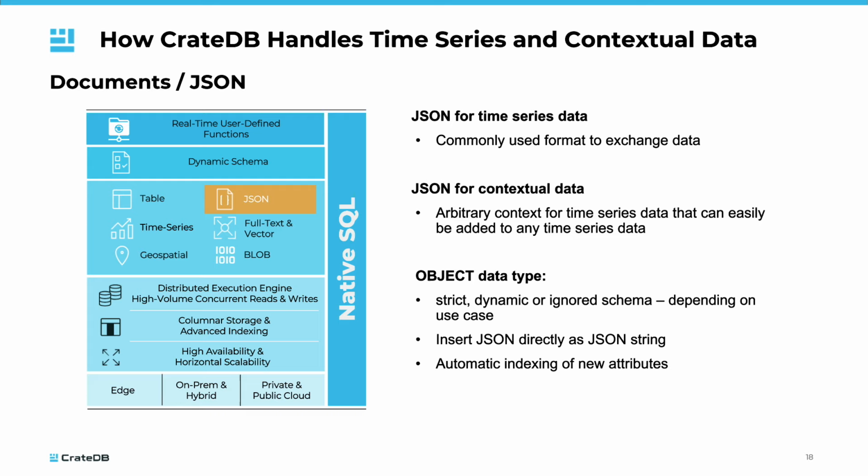The object data type in CrateDB allows for a strict, dynamic, or ignored schema, depending on the specific use case. This means you can insert JSON directly as a string, and any new attributes will be automatically indexed. This combination of flexibility and power makes CrateDB an excellent choice for managing time series data.